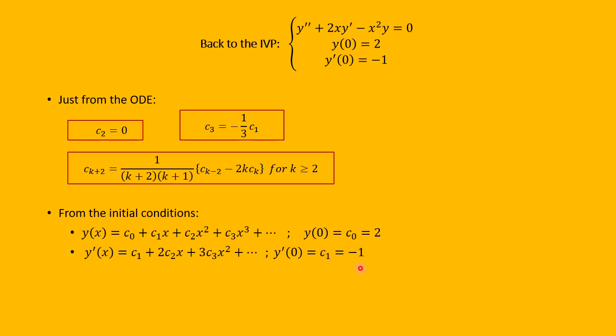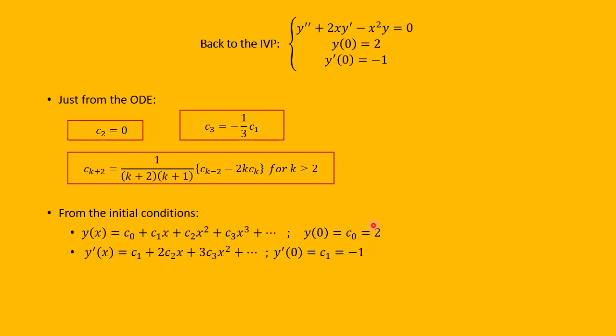So what have we noticed? These two initial conditions give us the values of c naught and c1. Any function that satisfies this initial value problem has to have c0 equal to 2 and c1 equal to minus 1.